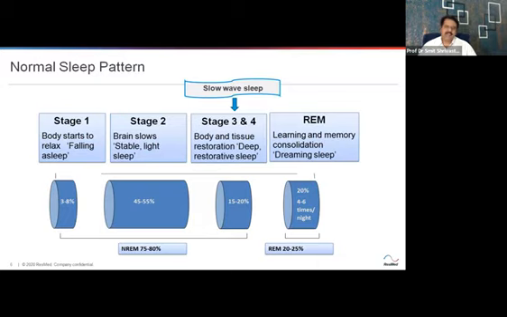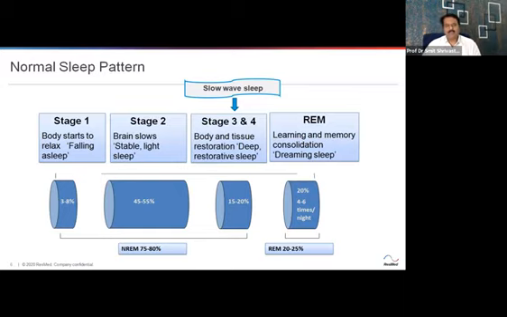Stage 2 is where the brain slowly has a stable and light sleep. But here again, there are places where the person can be easily awakened. But this comprises the largest part of our sleep pattern.